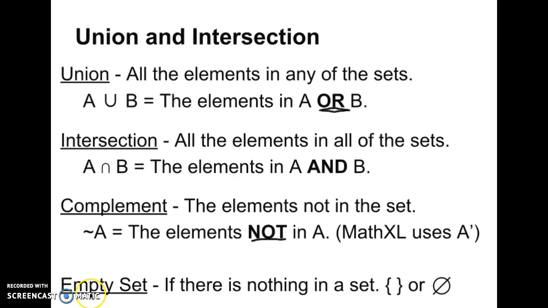And finally, we have what's called the empty set. So if we're talking about our union or intersection, what they have in common, and they don't have anything in common, we can write the empty set as the brackets to indicate that it's a set with nothing inside. Or we have this symbol, which means there's nothing, so it's the empty set.